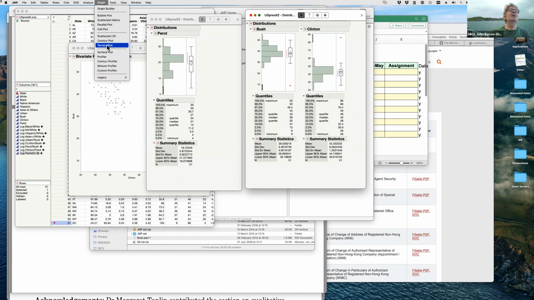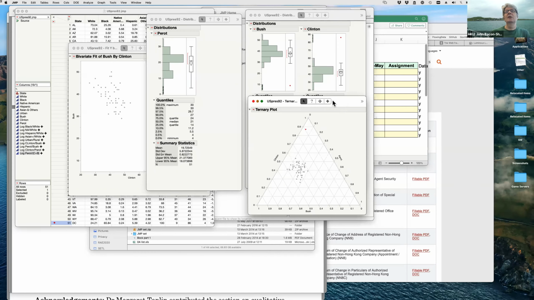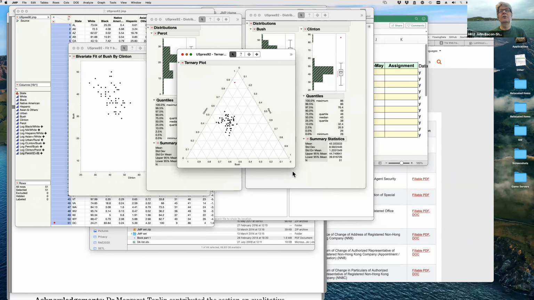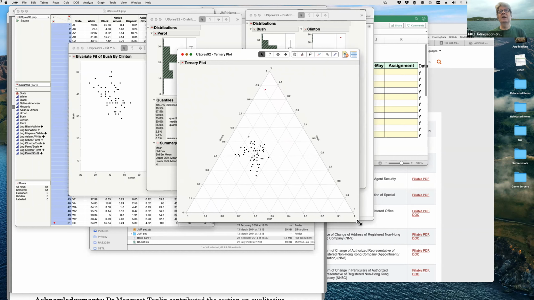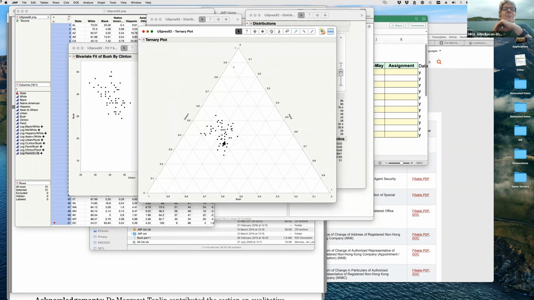Now again, let's look at the ternary plot for the three of them. You can see the ternary plot looks reasonably interesting. It was quite competitive, except for this one. I've got this red dot here. If you put your mouse over the red dot, it tells you Bush 9, Clinton 86, Perot 4.